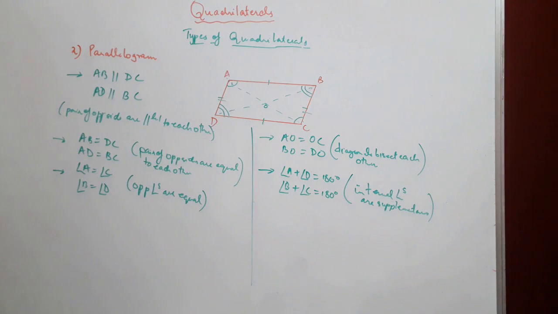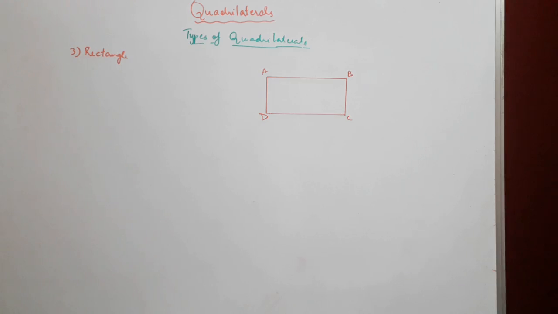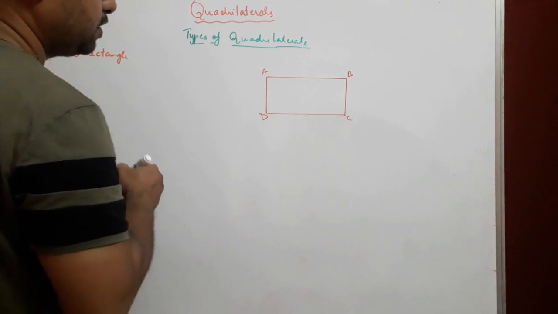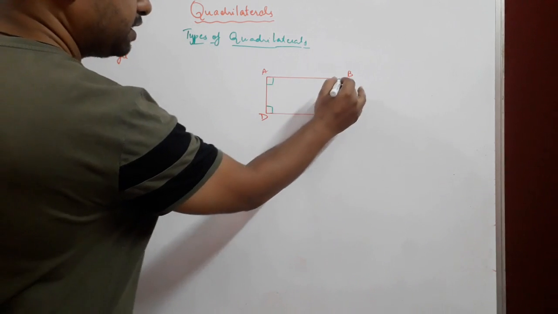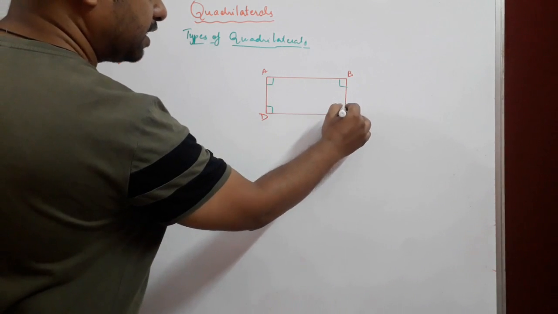So these are some of the main properties of a parallelogram. Most of the quadrilaterals that we encounter are usually parallelograms. Okay, we'll move to the next one. Next we have something called a rectangle, and we have noted down the main point of a rectangle is that all angles of a rectangle are 90 degrees.